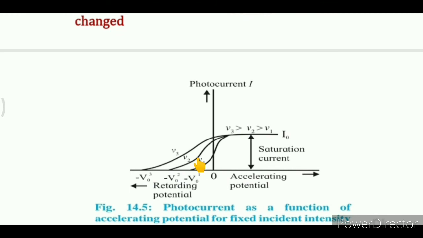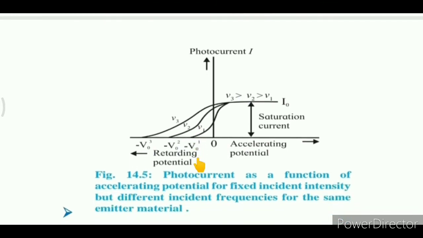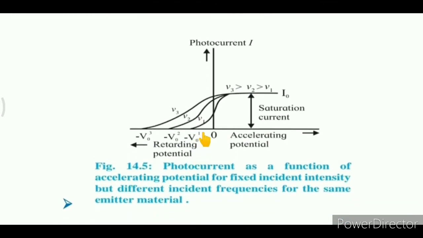But if we change the value of the frequency, the value of the stopping potential is going to change. As we increase the frequency, the stopping potential becomes more negative. The incident frequency obviously must be greater than the threshold frequency.